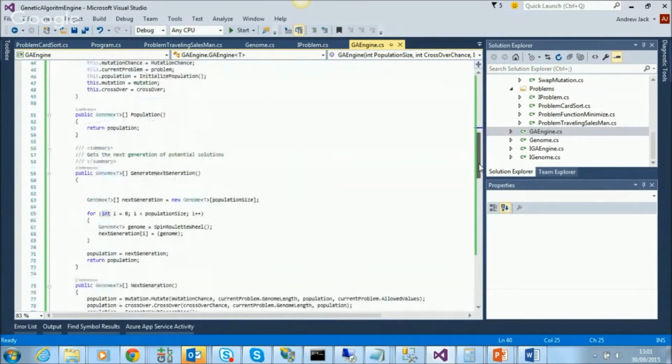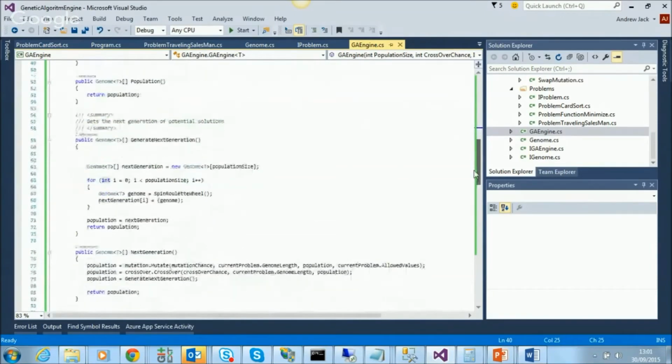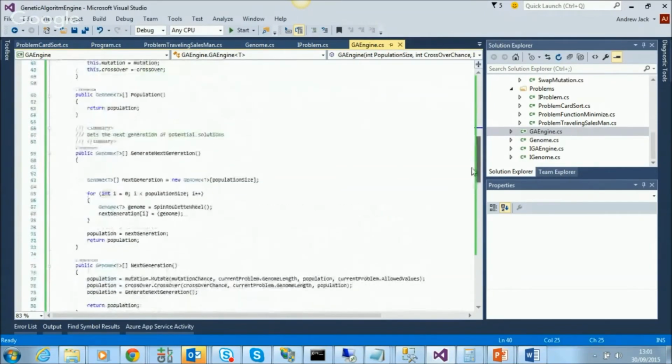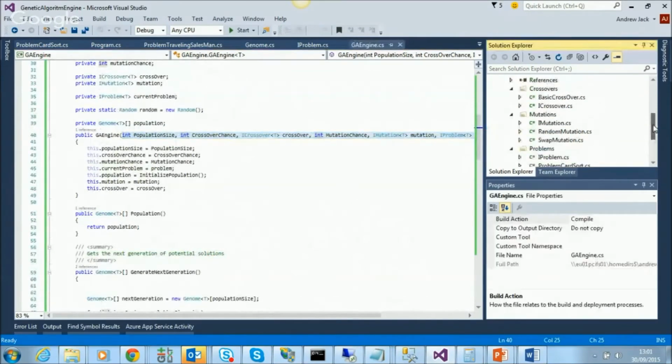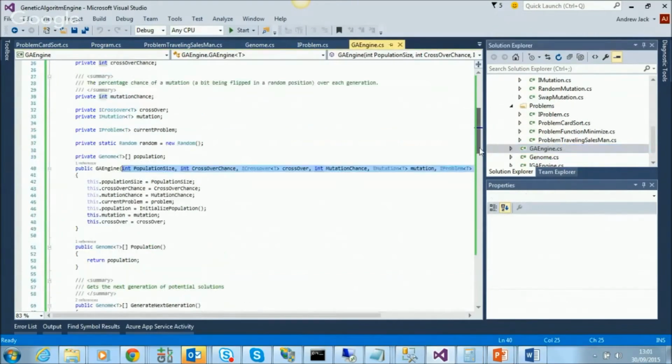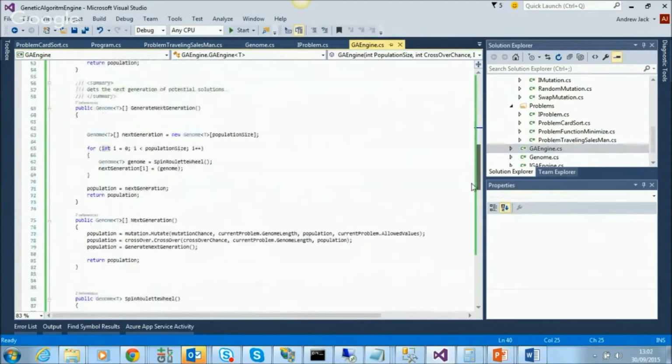So first of all, the first thing we're going to do, if we go into the program, is have a look at our genetic algorithm engine, which has a population.